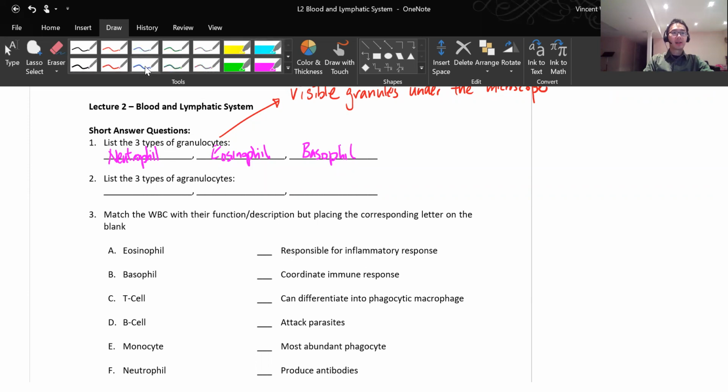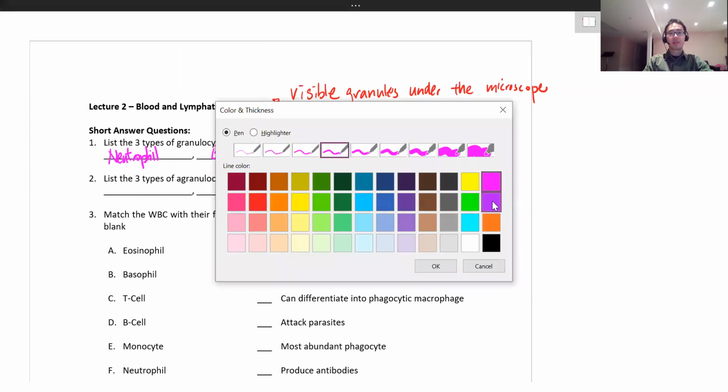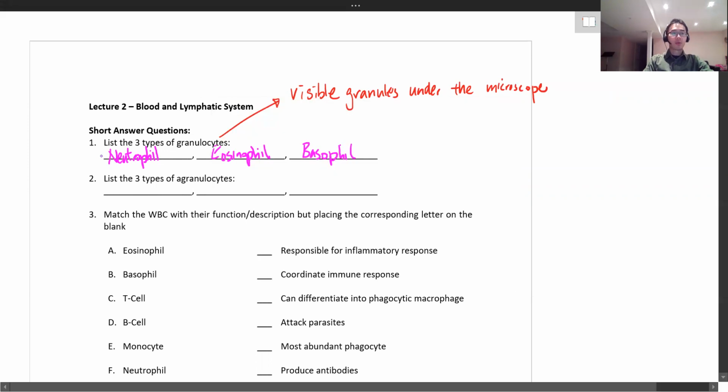Okay. And they are basically a type of phagocyte. So they go around and eat stuff. Okay, so approximately 70% of WBC are neutrophils, and they are an example of phagocyte.